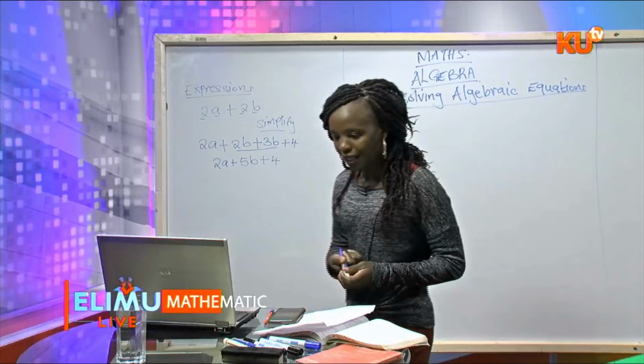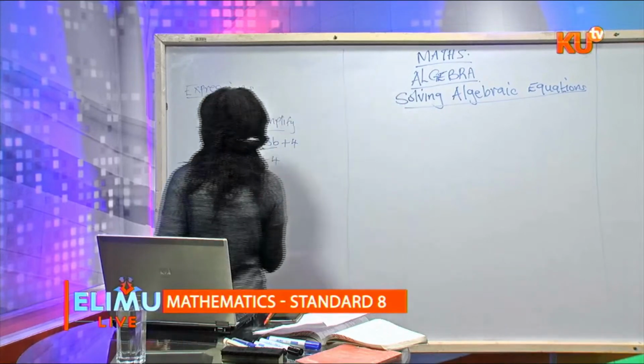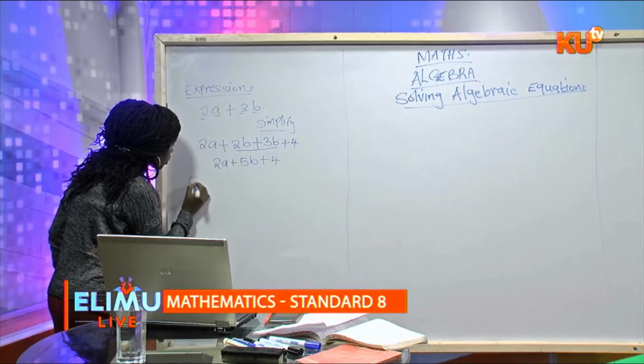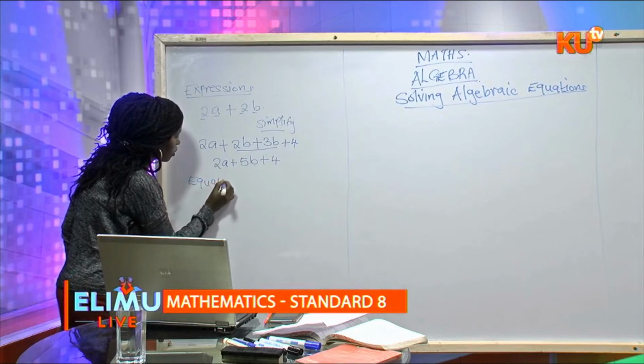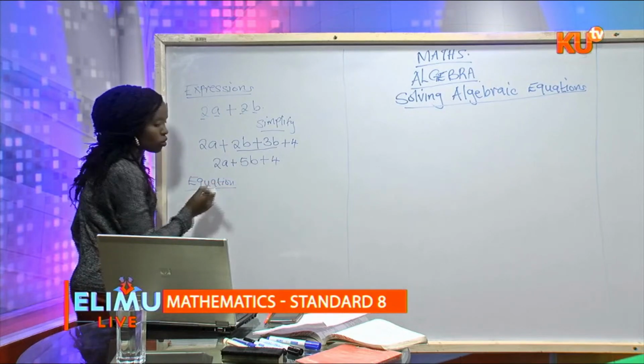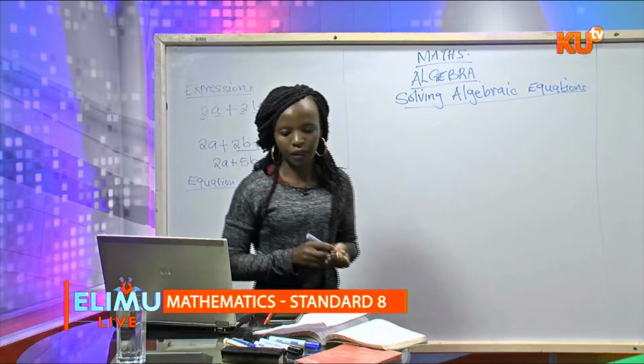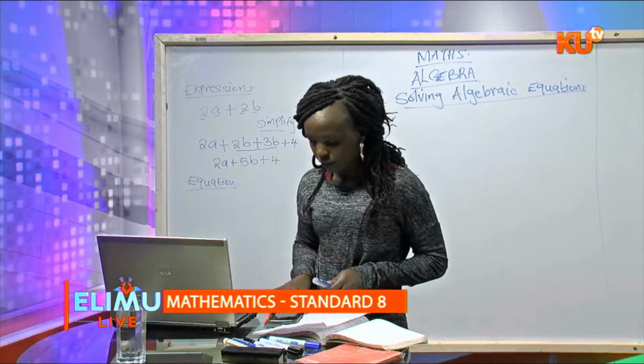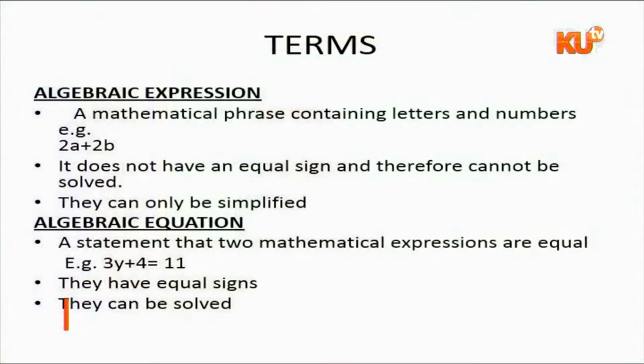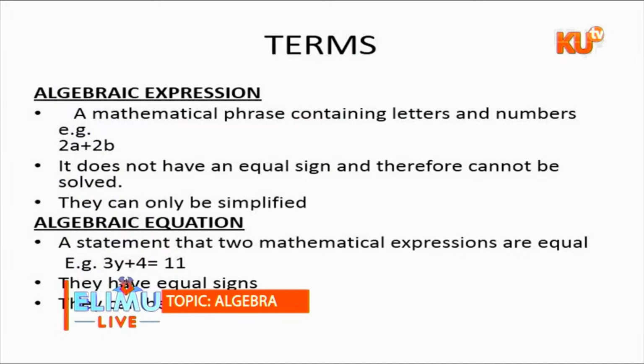Then we look at algebraic equations. So what is an algebraic equation? An algebraic equation is a statement that has two mathematical expressions that are equal.